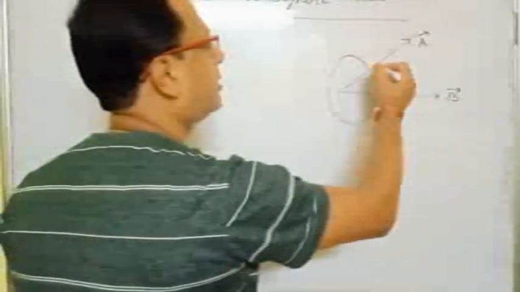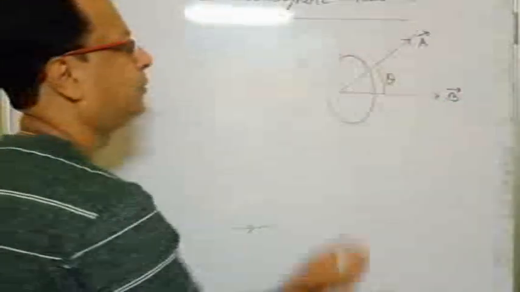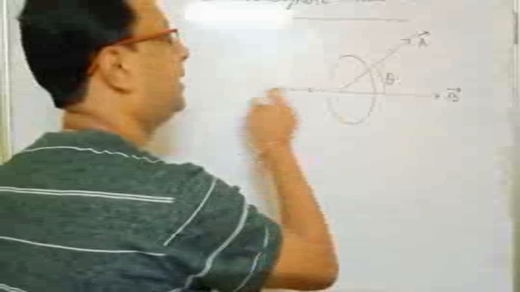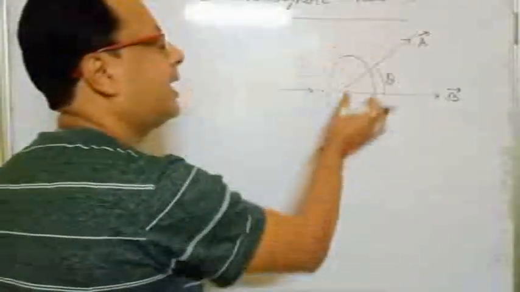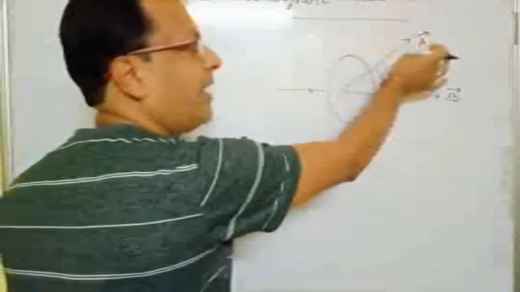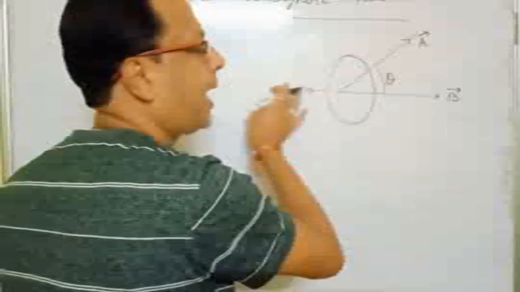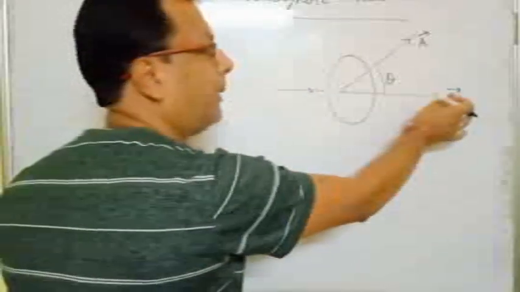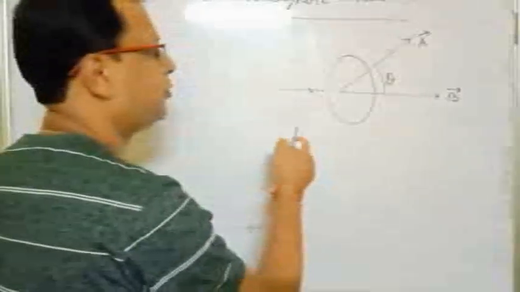Now let an angle theta be between A bar and B bar. So this is the number of lines of force passing through this area. This area is a special area, it is a vector quantity. It is denoted by A bar, and the magnetic lines of force are denoted by B bar. The flux is denoted by phi.